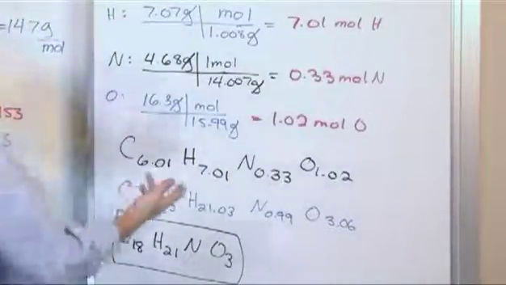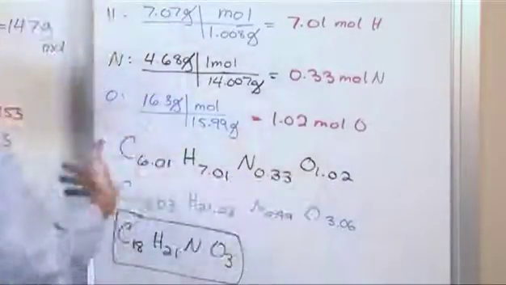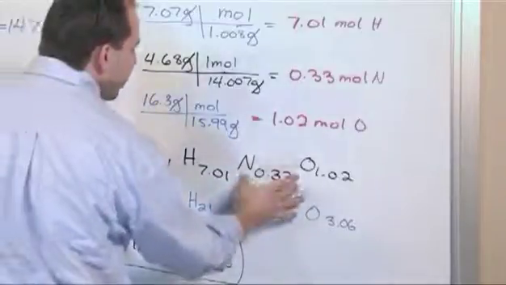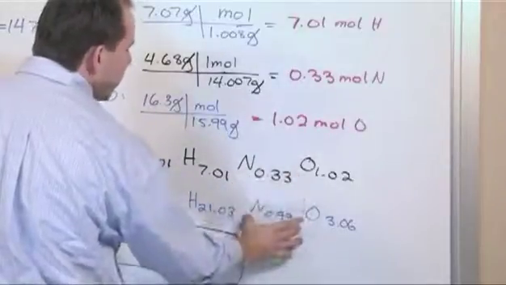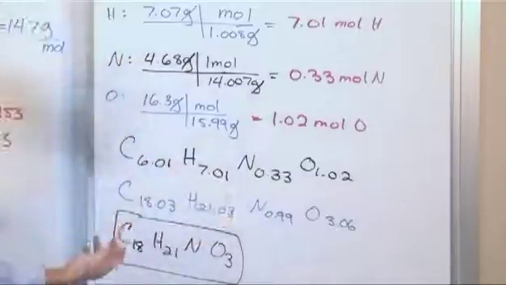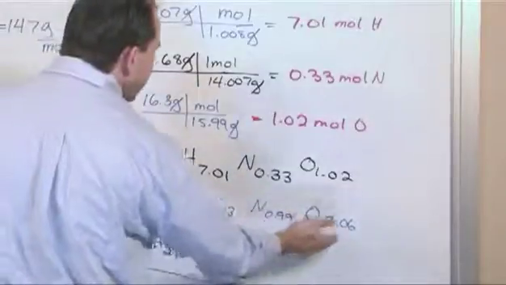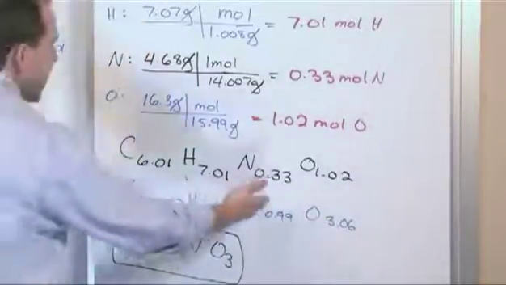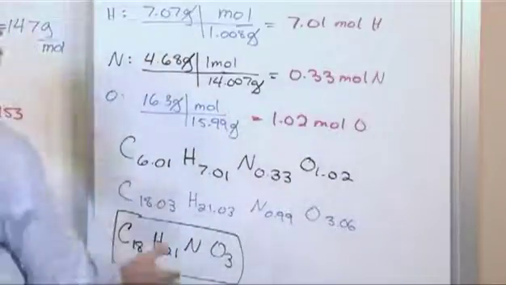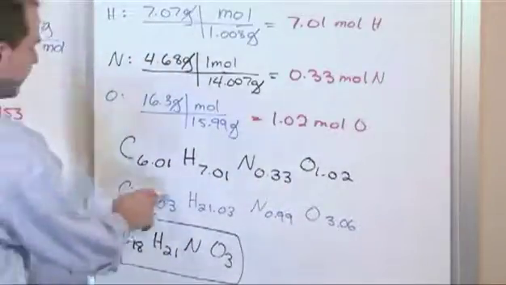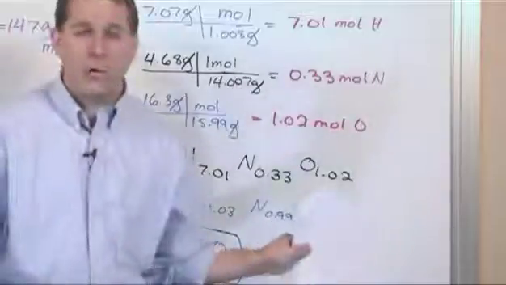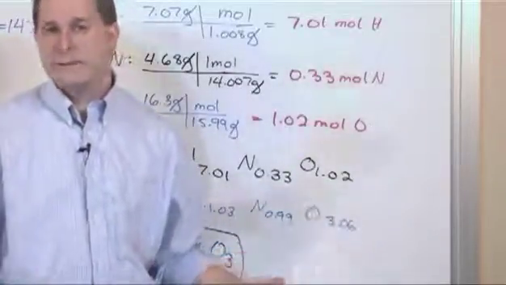But you want to get rid of decimals, so you multiply everything by something to get rid of it. So we multiply by 3 to make this as close to 1 as we can. When we do it, we say, okay, this is a rounding error everywhere, and we just go ahead and write it like this. So it's very common to get little decimals at the end, and then you just toss them off. Now, if one of these is grossly far away from a whole number, you've made a mistake somewhere.